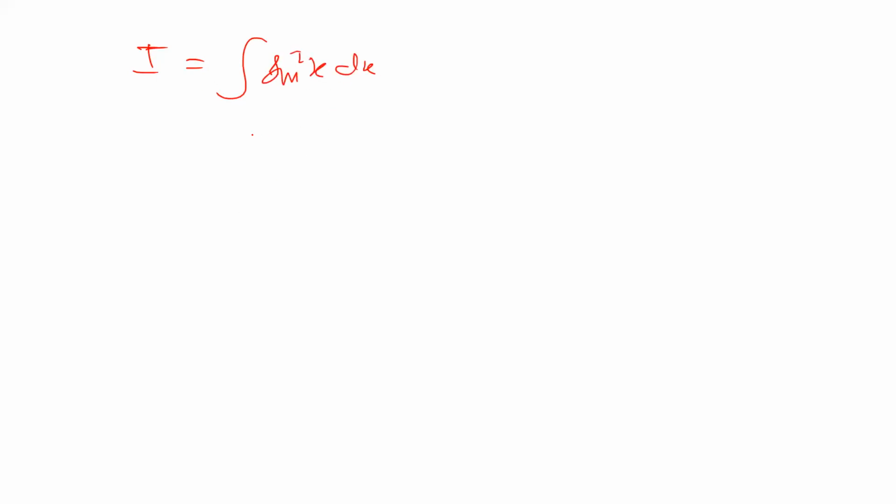Directly we cannot solve it, because we know the integration of standard functions like sin, cos, tan. So we have to convert this given problem into standard functions whose integrations we are familiar with. The formula for cos 2a is cos square a minus sin square a.